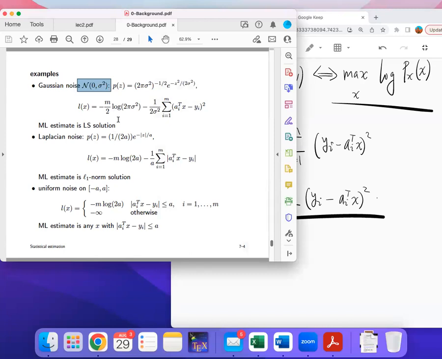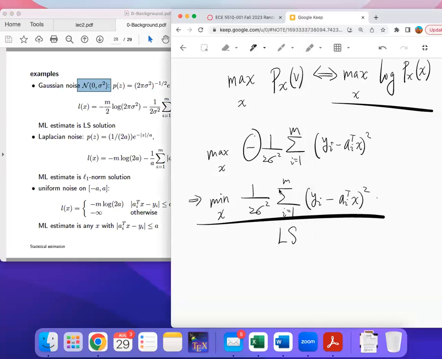If the noise follows a Gaussian distribution, then the estimate will become a least square solution. So whenever you see a least square problem, you can say that you are assuming the noise follows a Gaussian or Gaussian-like distribution.